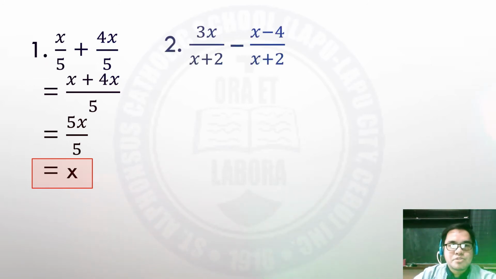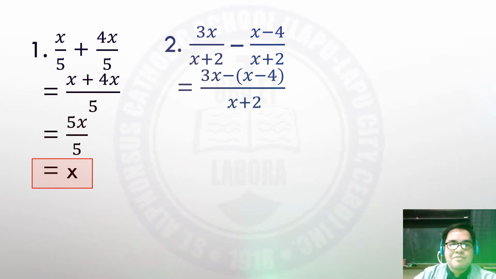Now, for number 2, the same process. We have 3x over x plus 2 minus x minus 4 over x plus 2. Since the two rational expressions here are having the same denominator, then place the result over the common denominator. So we can write like this as well. 3x minus the quantity of x minus 4 over x plus 2.